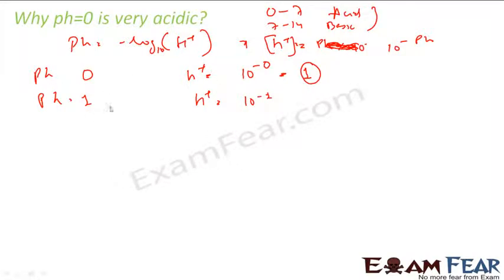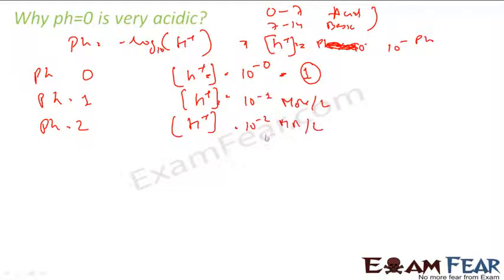In case pH is equal to 1, H plus concentration is 10 to the power minus 1 moles per liter. That is a little less. If pH is equal to 2, the hydrogen ion concentration will reduce all the more. It will become 10 to the power minus 2 moles per liter.